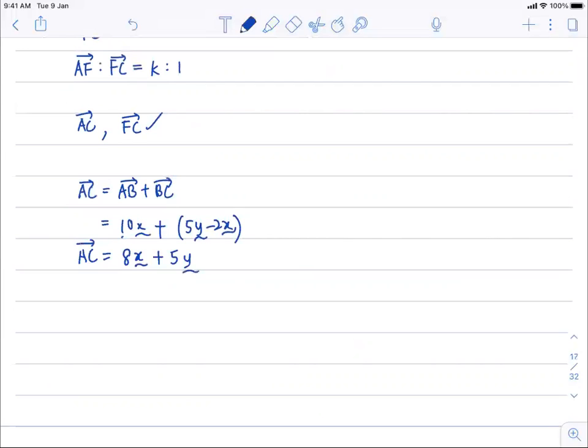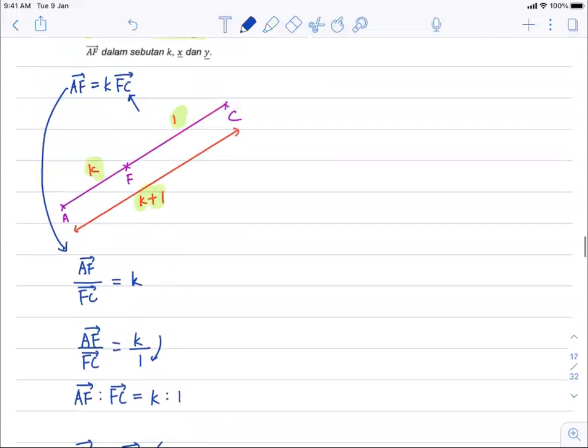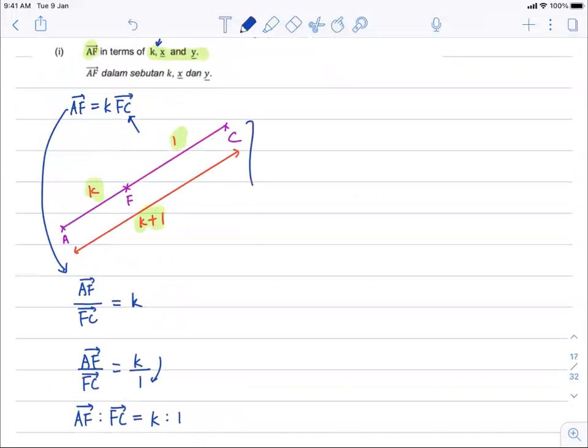So the next step is to find FC. We can see clearly from here that FC is equal to 1 over k plus 1 of AC. So by fraction, we can find out what FC is.